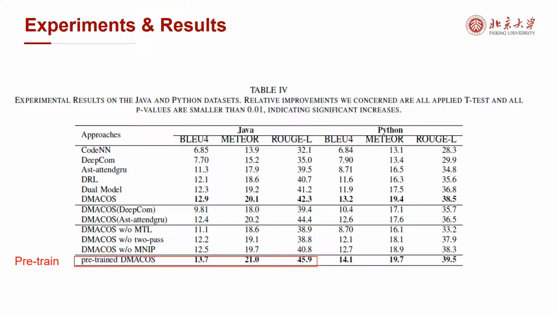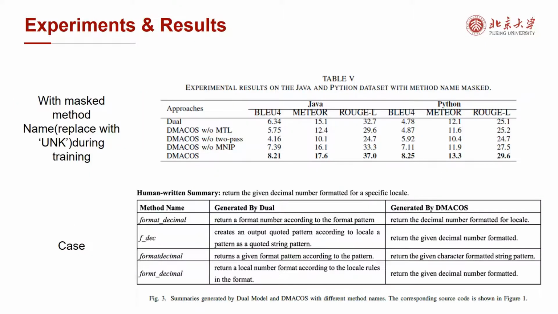Then with pre-training, we get the highest score. We also test across programming languages, which is we pre-train on Java and then train and test on Python. For the effectiveness of method names, we train with a masked method name, and we also do a case study to show the effectiveness. And that's it. Thank you.